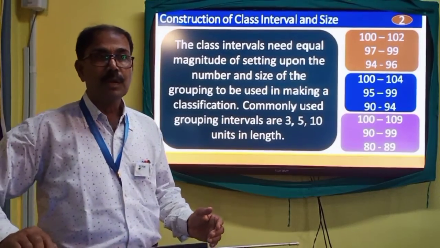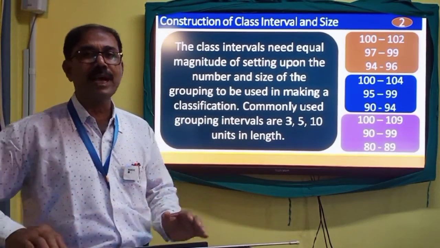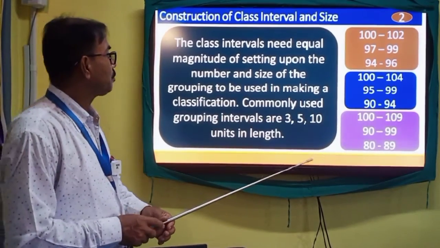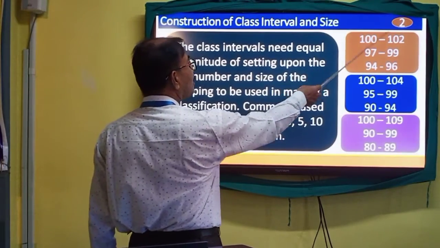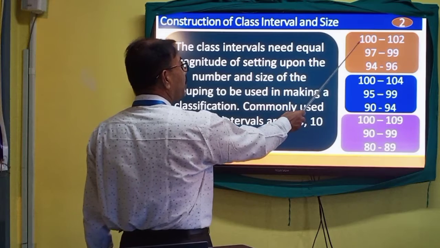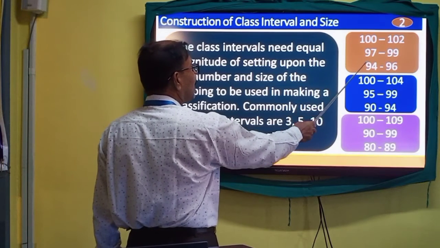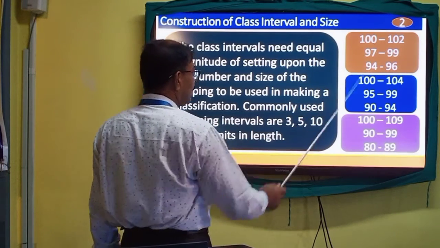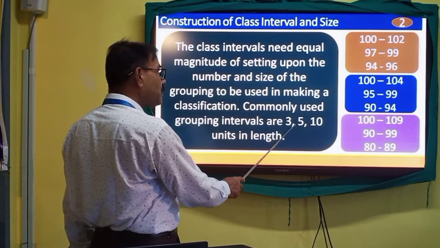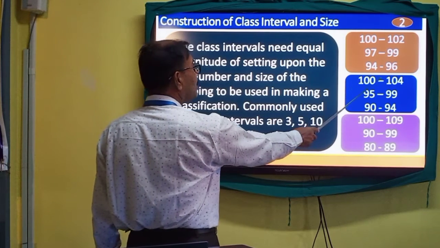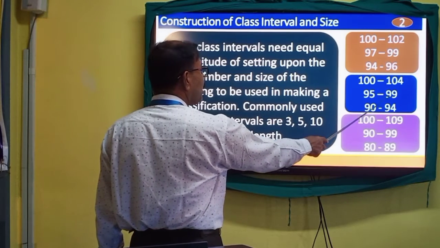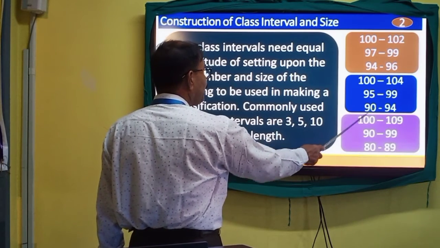As per the size of the total number, if we take the distance as 3, then it will be 100 to 102, 97 to 99, 94 to 96. If we take the distance as 5, then it will be 100 to 104, 95 to 99, 90 to 94.